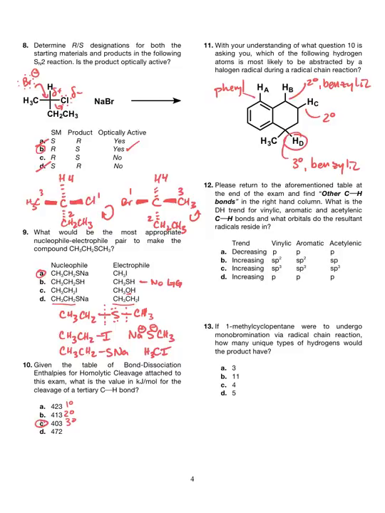So question 12 is asking you to look at other CH bonds. So here's vinylic, here's aromatic, and here's acetylenic.